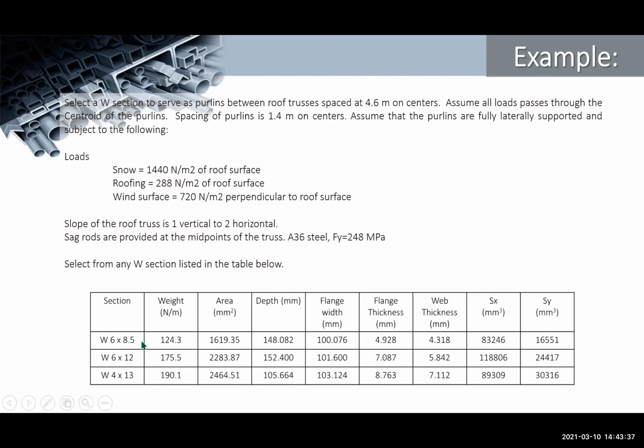If it turns out safe, you don't need to compute for the other two, because if it is safe for the smaller, it is definitely safe for the other two. So that's how it is when you design or compute and you have three options. Always start with the smallest.